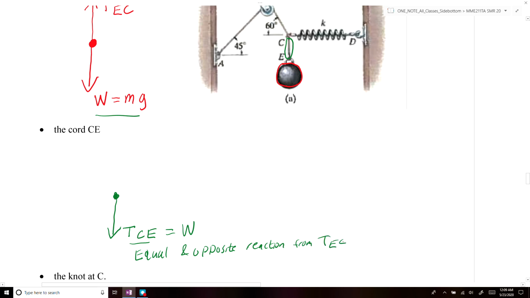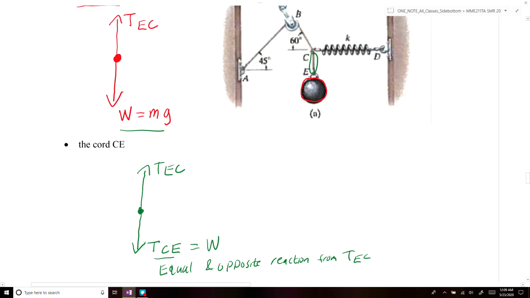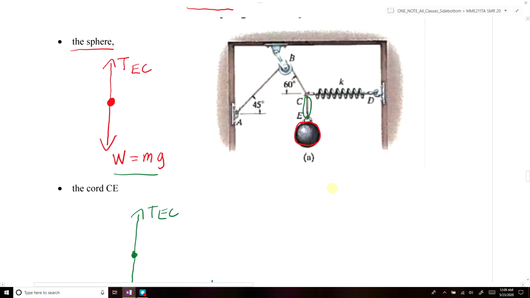And at point C, there's going to be another equal and opposite reaction force, so we'll label that as TEC as well. So cord CE and the sphere have very similar free body diagrams.